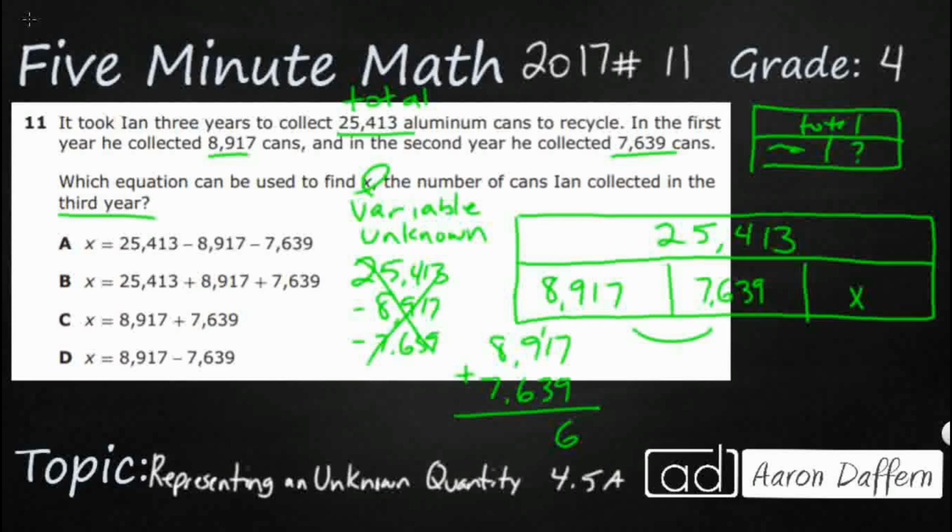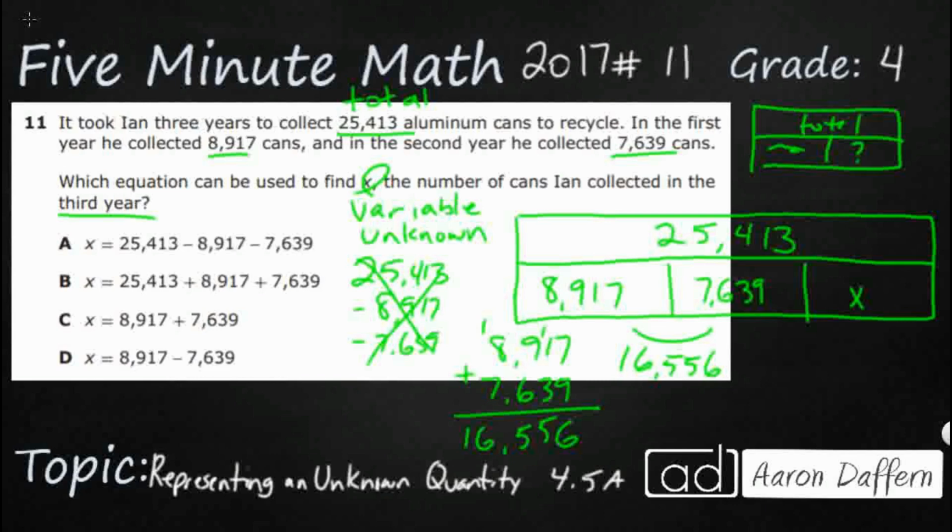That's 16, that's 5, that's 15, and that's going to be 15, 16. So I've got 16,556. That's what this is right here. And if I wanted to, I could subtract that now from my 25,413 to get this. But I'm not really looking for the number. I'm looking for an equation to figure out how to find that X.